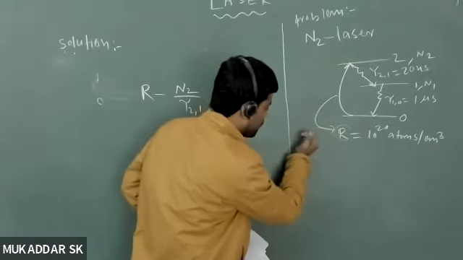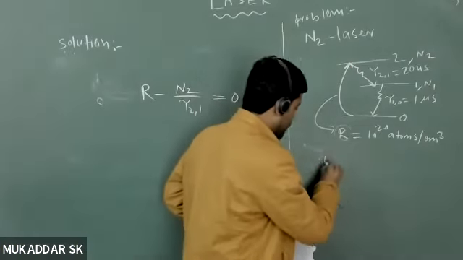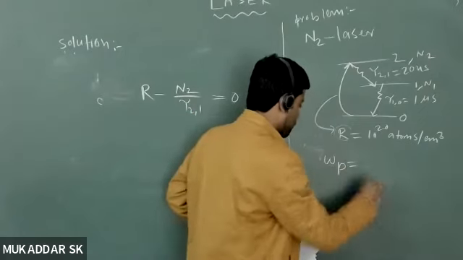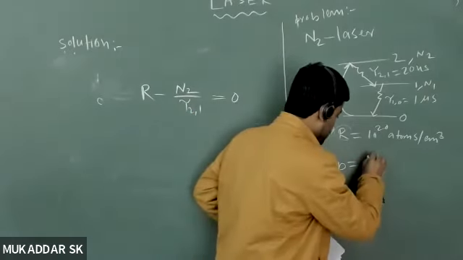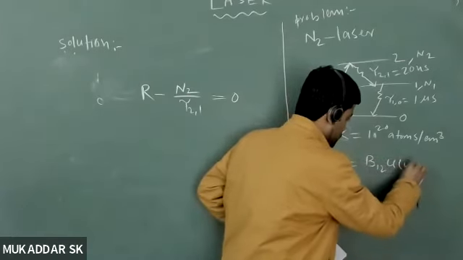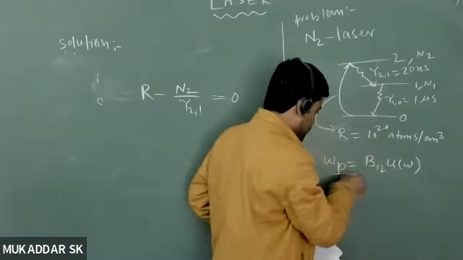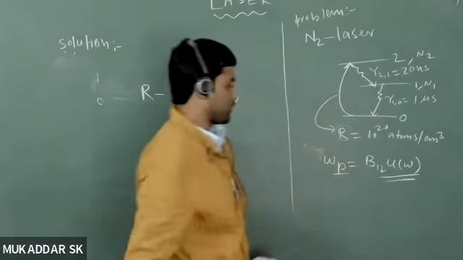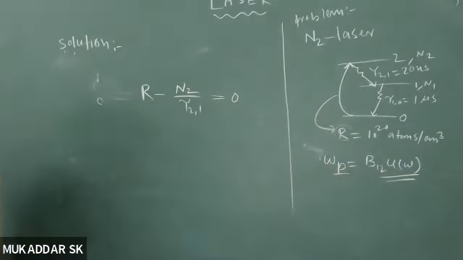No, it's not the same. If we remember, WP was defined as B 1,2 times E of omega. So if you check its dimension, it will be different.